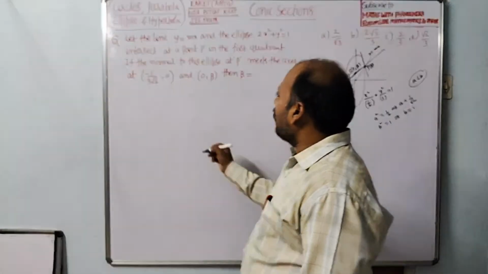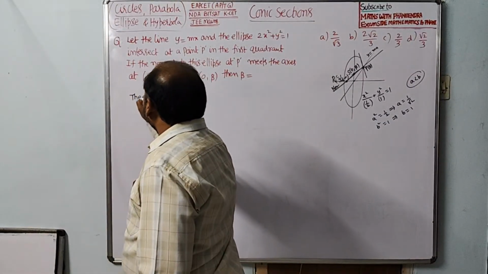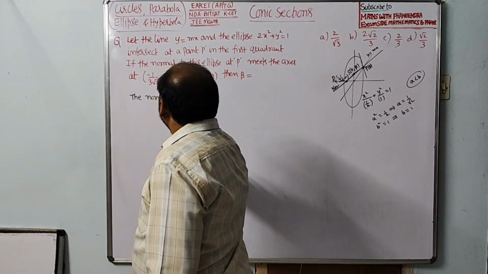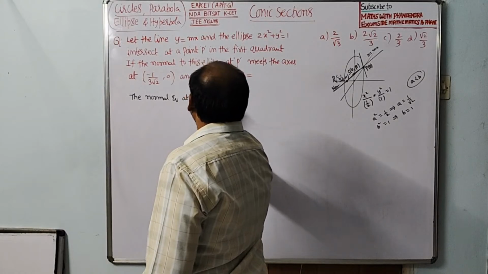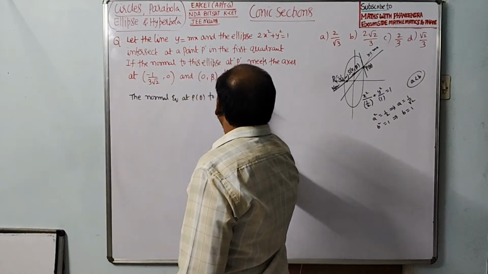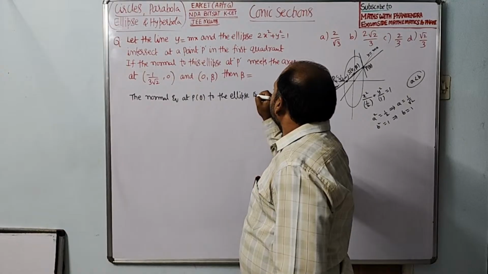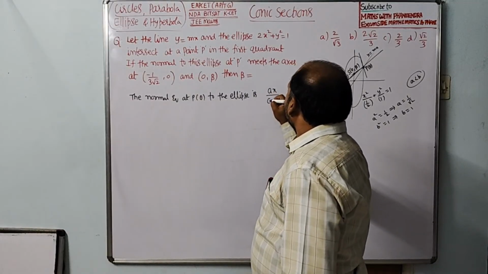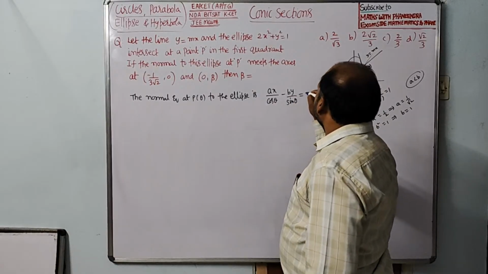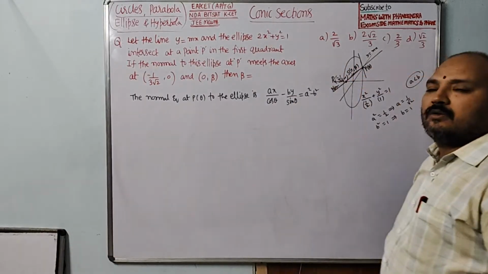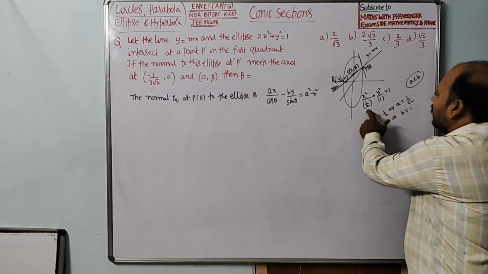Okay. What is the normal equation? The normal equation at P of theta to the ellipse is (ax)/cos theta minus (by)/sin theta equals a square minus b square. According to this, a square value, b square value.